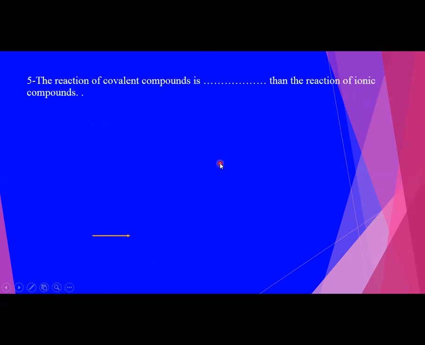The reaction of covalent bond is dot than the reaction of ionic bond. We explained this point before. Ionic bond is faster, so the covalent must be slower. Why slower? Because in the reaction of ionic compounds, the reaction takes place between ions, but in covalent, it takes place between molecules.